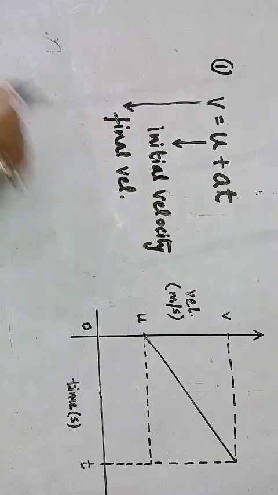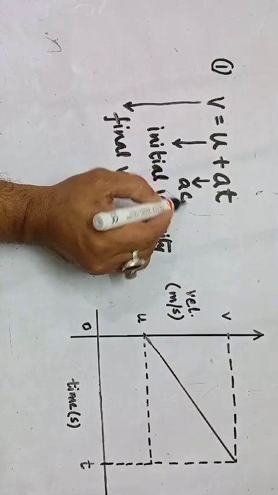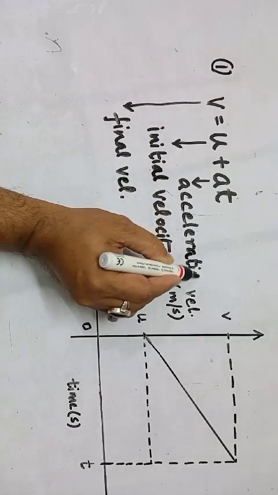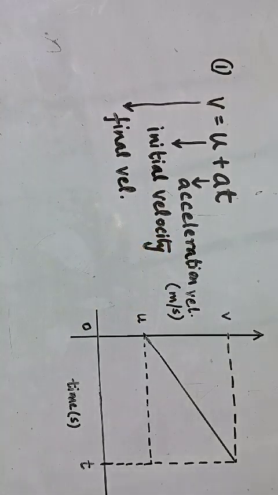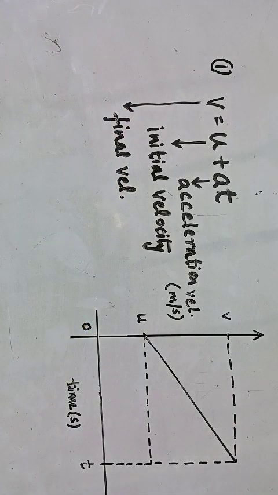A naturally is acceleration. Usually when we have horizontal motion, it is not affected by gravity in that sense, so you use the letter a, which shows the normal acceleration.